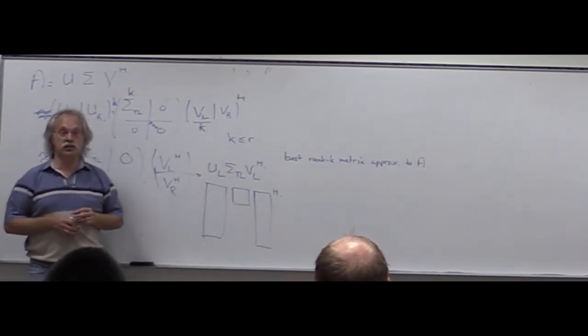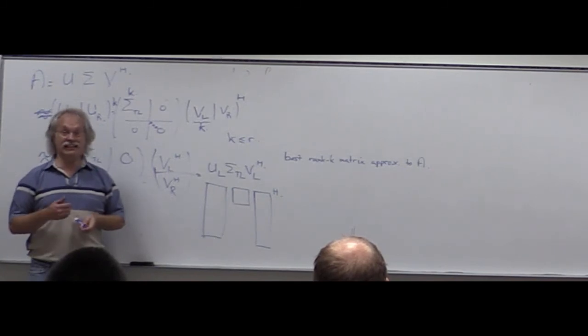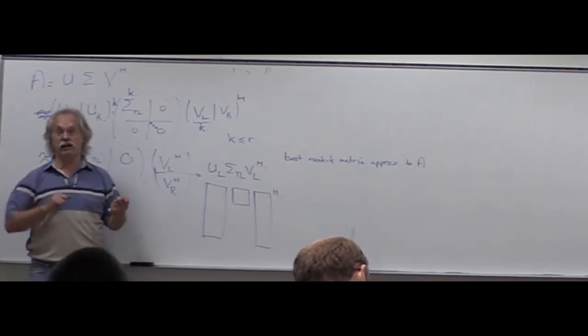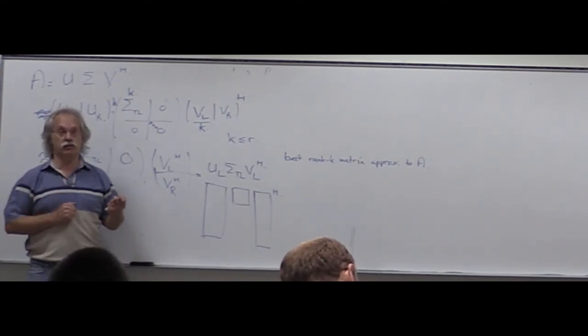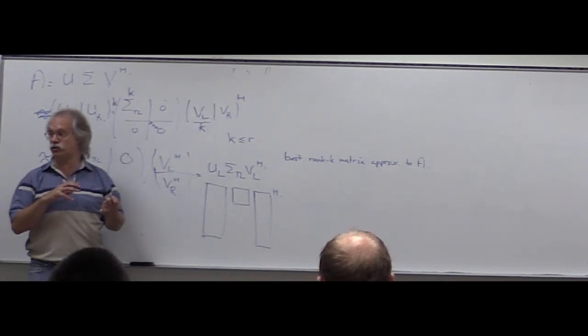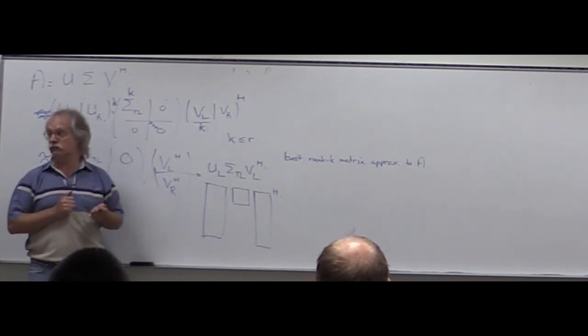And you might even get a better matrix than you started with, because you might have thrown away noise that somehow crept into your data. And that's how the singular value decomposition is often used to clean up data.